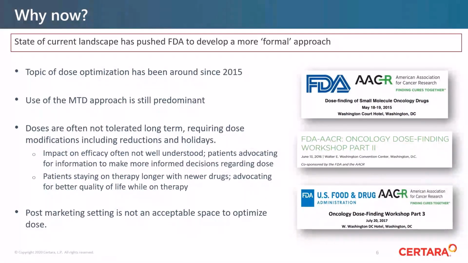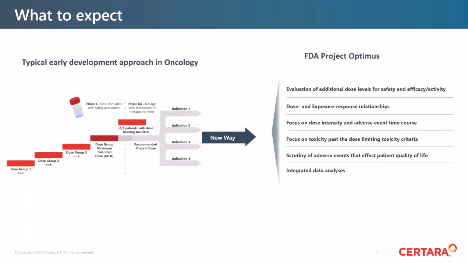These patients are now advocating to be able to stay on their drugs without significantly compromising their quality of life, and also for a better understanding of dose-response relationships so that they can make informed decisions with regard to their drug dosing. In other words, they would like to understand whether or not they absolutely need to tolerate a high dose of the drug for the promise of better efficacy, or whether it's okay to take a dose modification should one be needed.